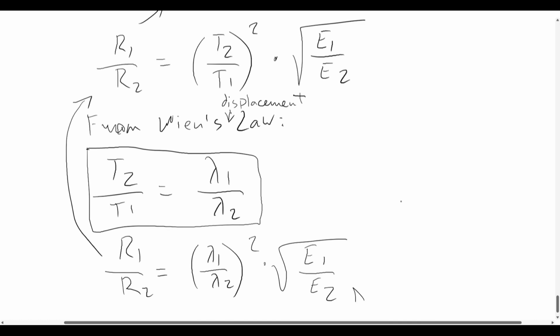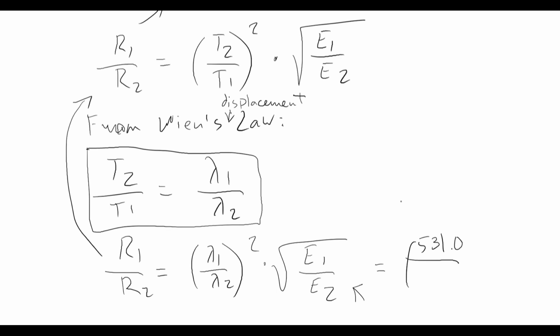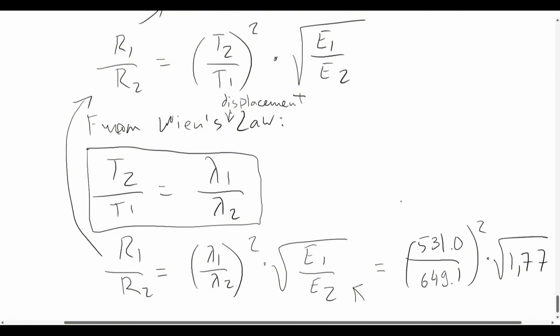We already know this. So then it will be 531 over 649.1, squared, times the square root of 1.77.